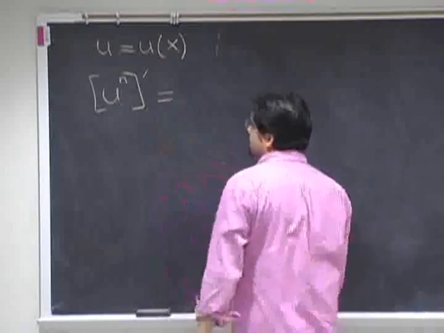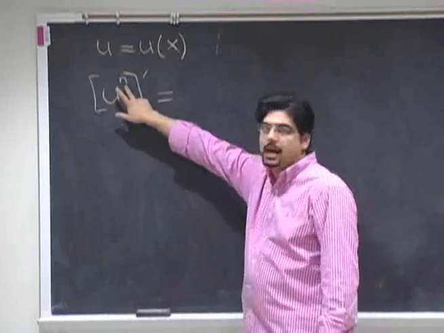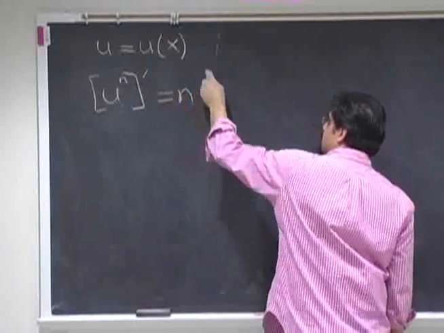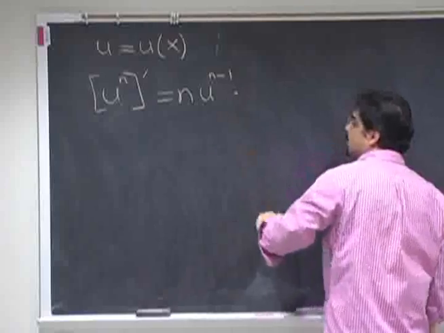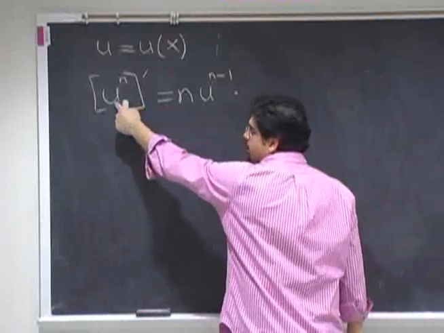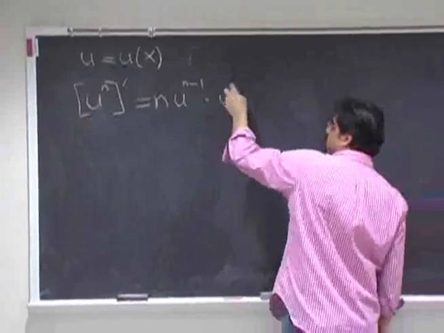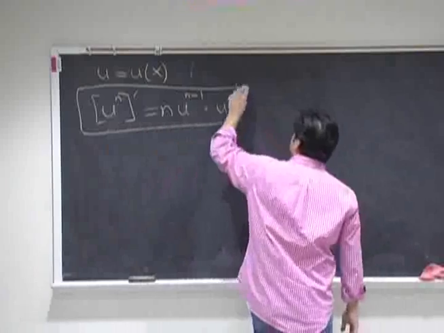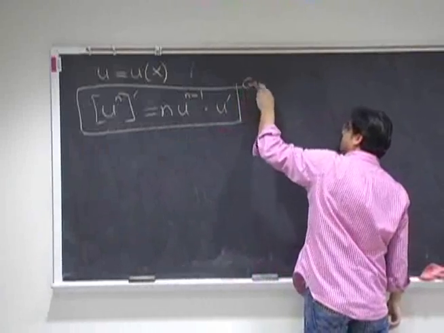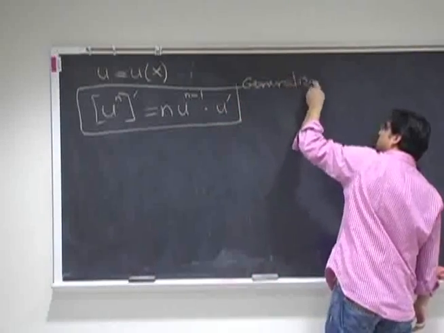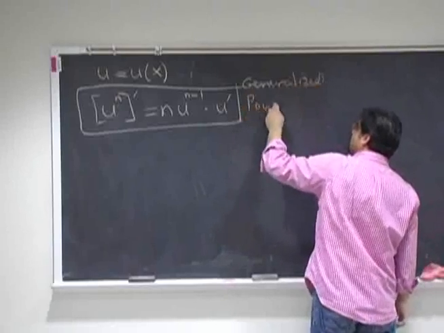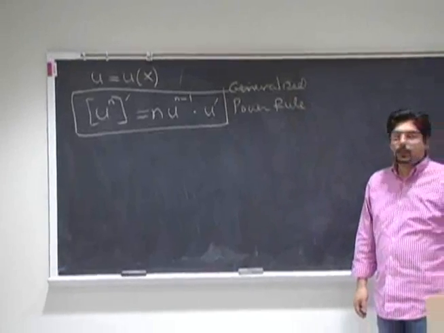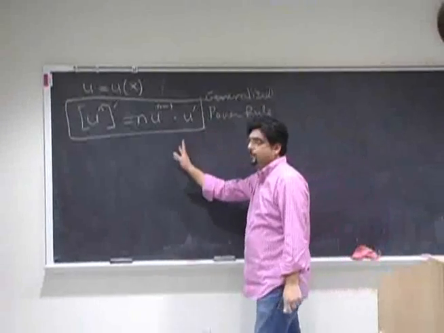Well, the derivative is going to be the power rule, n u to the n minus 1, times the derivative of the function inside the power, which is u prime. This is called the generalized power rule. Okay? And this is important to remember.